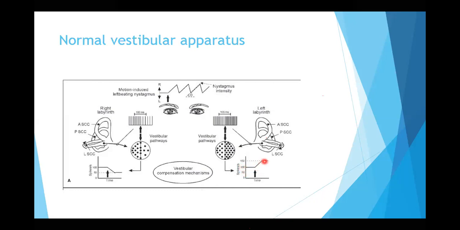Okay, so what happens because of excitation? From 100 it has moved to 150. Because of excitation. When there was inhibition, from 100 it went to 50, it has come down. Okay, so this is what is happening here.